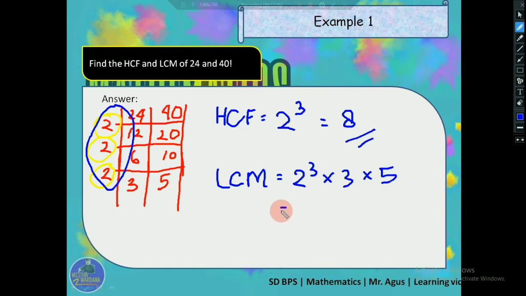So the answer will be 8 times 3 times 5 equal to 120.